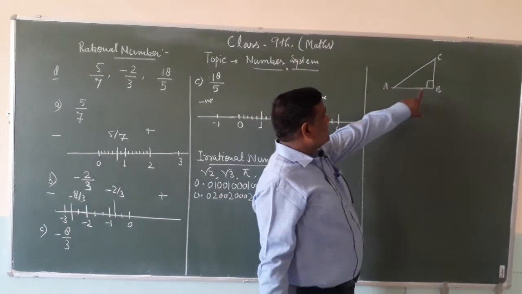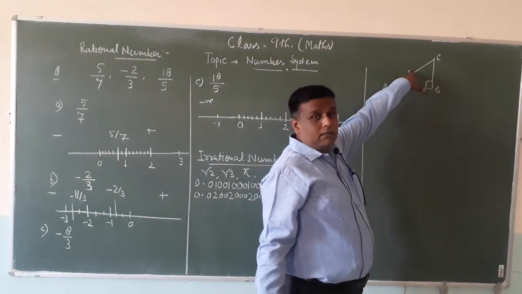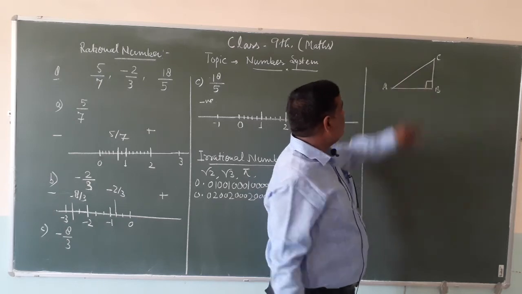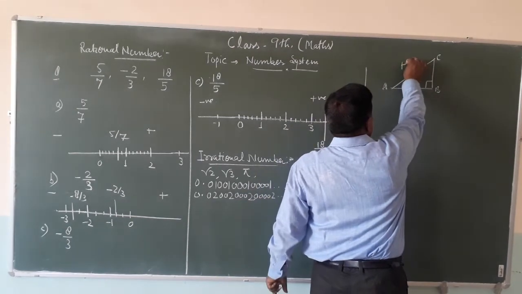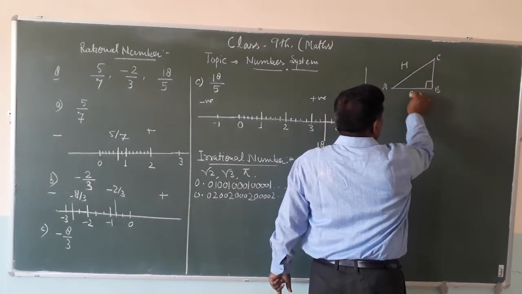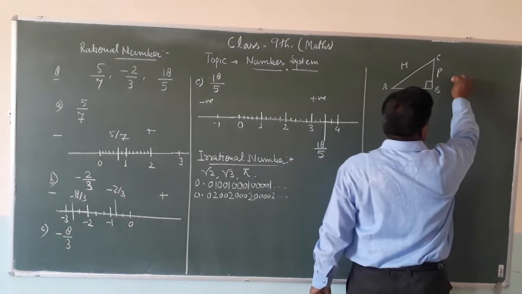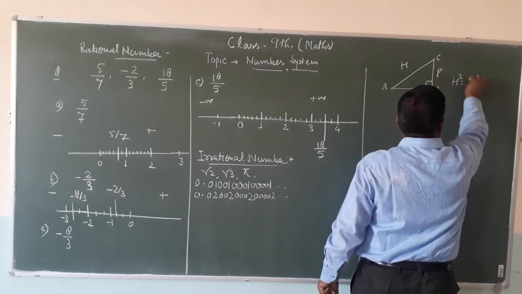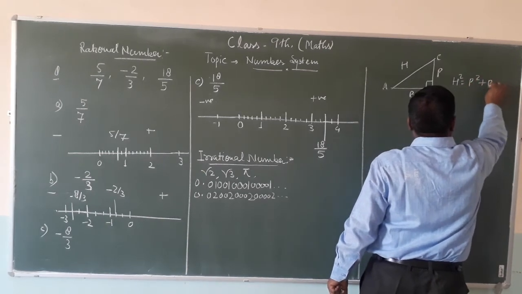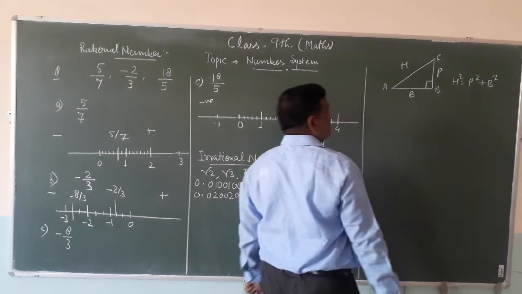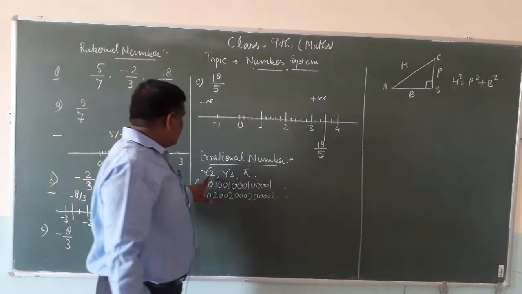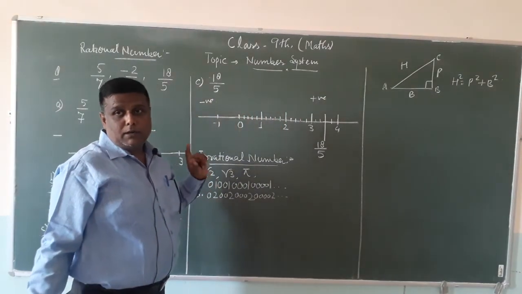The side opposite the 90 degree angle is the longest side, the hypotenuse, and this is the base and this is the perpendicular side. Now using the formula h square is equal to p square plus b square, with the help of this we can draw root 2 on the number line.